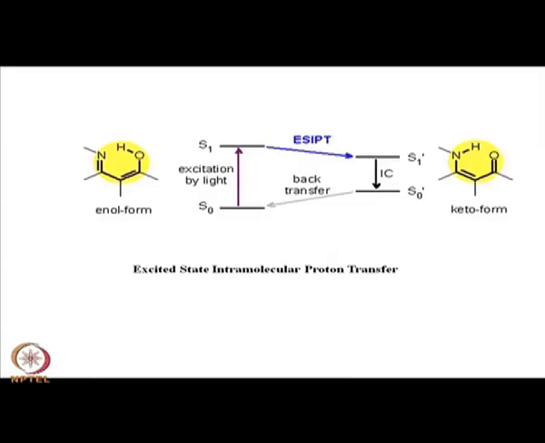That is, it has the option to have a cyclic, maybe 6-membered, hydrogen bonded state, so that after this hydrogen bonded state is formed, the hydrogen gets transferred from the oxygen to the other heteroatom.